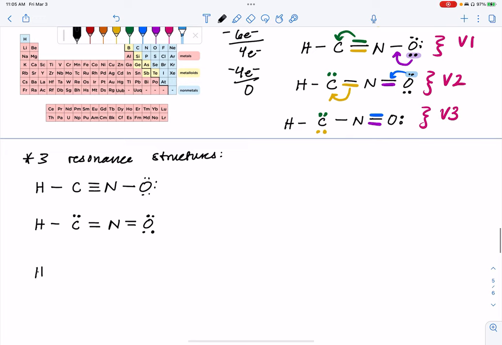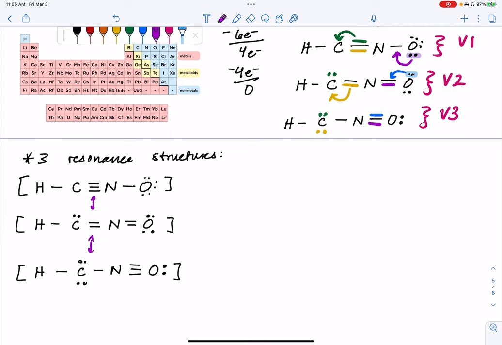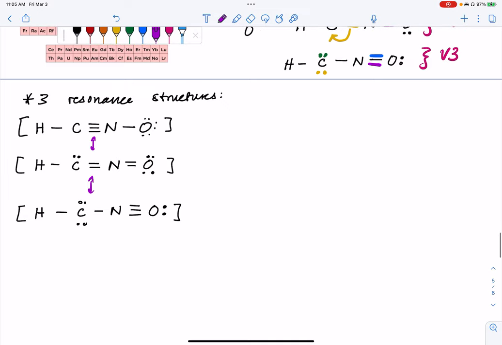And then I have the version where carbon is singly bound to nitrogen, which in turn is triply bound to oxygen. So these are my 3 versions from above, just written again. And if I wanted to express these as resonance structures, I would use brackets and arrows to indicate so. So here's our resonance structures.